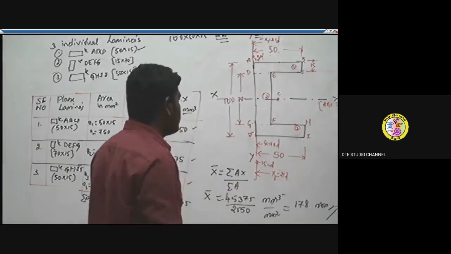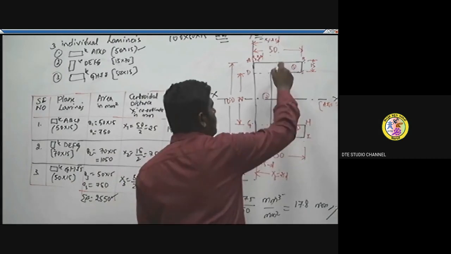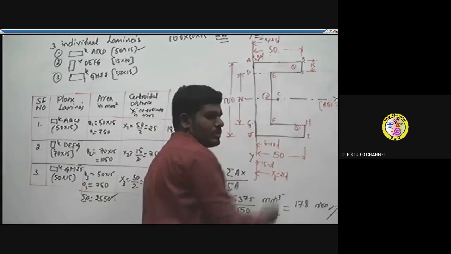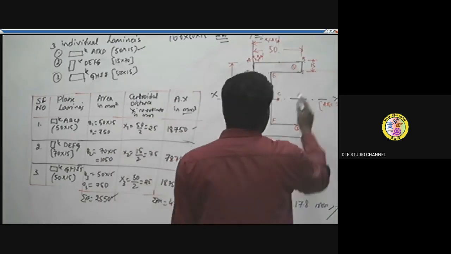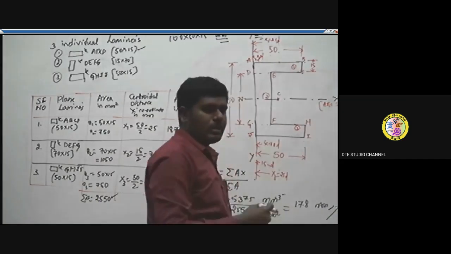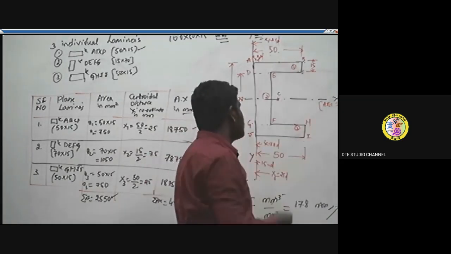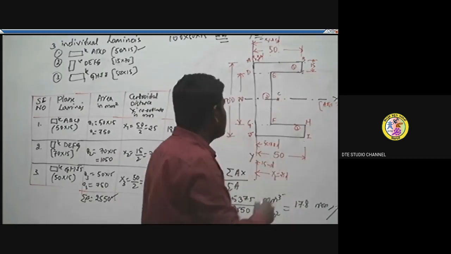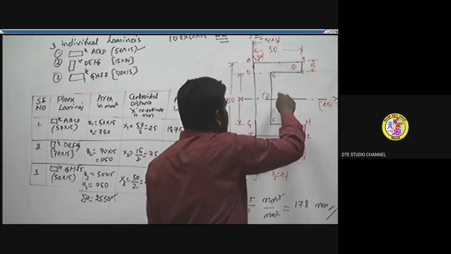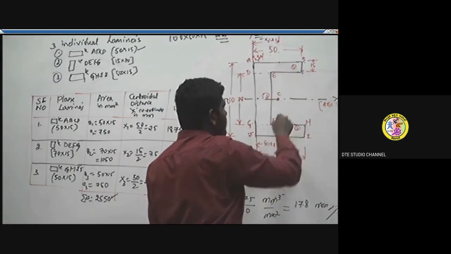As you see, this point is located just outside the area of this channel section. Yes, it is possible because of the unsymmetry of this section. For the given cross sections, it can be located outside of the area.